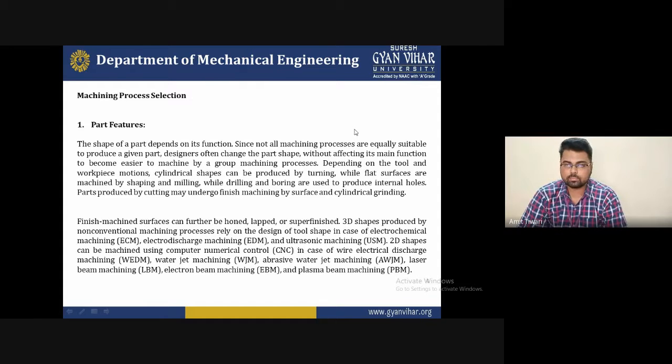They all produce 3D shapes. For fine finishing you will select this type of machine. But if you go to a 2D shape, you will use a CNC machine, or a special kind of machine, wire EDM, to cut the workpiece.